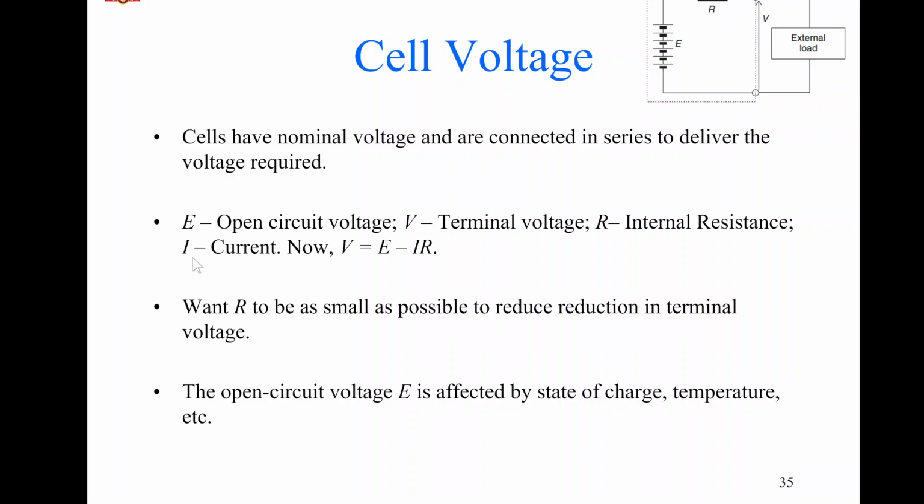The terminology is given here, and we want to minimize our R so that we can reduce the thermal losses inside the battery. The open circuit voltage E is affected by the state of charge, temperature, and so on. This will also depend on the health of your battery.